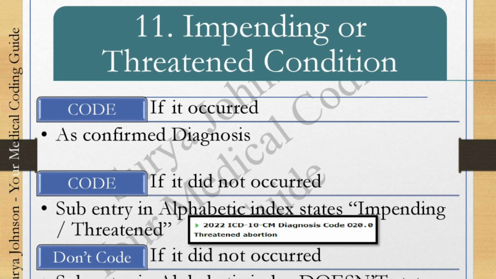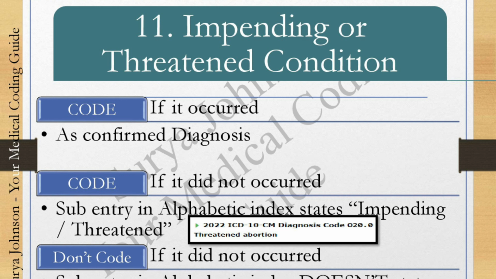Number 11 is the impending or threatened condition. What impending or threatened means is that it has not occurred. It might occur if the precautions or the treatments are not taken. So it's not happening right now, but if it's untreated or any careless things happen, it might appear or it might occur.